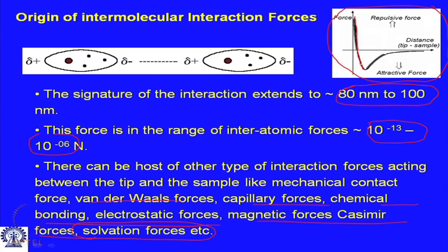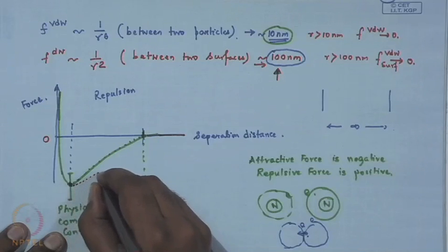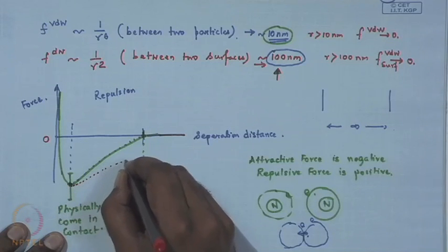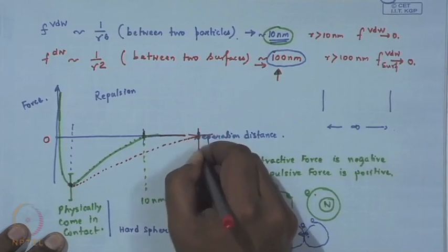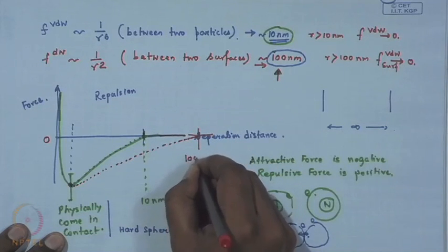If we now consider this for two surfaces, the nature of the curve will be roughly the same. The only difference is this interaction will now stretch longer, the decay will be slower.